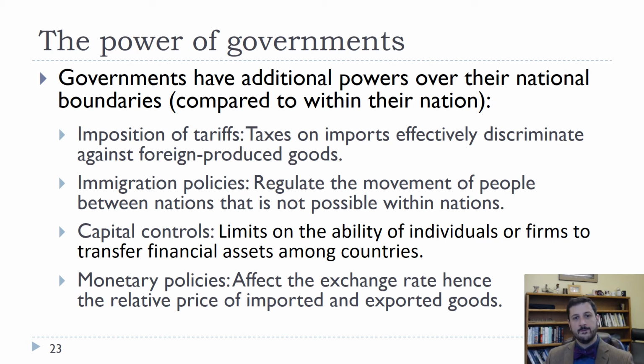And some of these can help smooth out some of the volatility of trade. But if you put them in too much, then you're not going to get that benefit of trade, that benefit of specialization, that increase in how much workers produce.